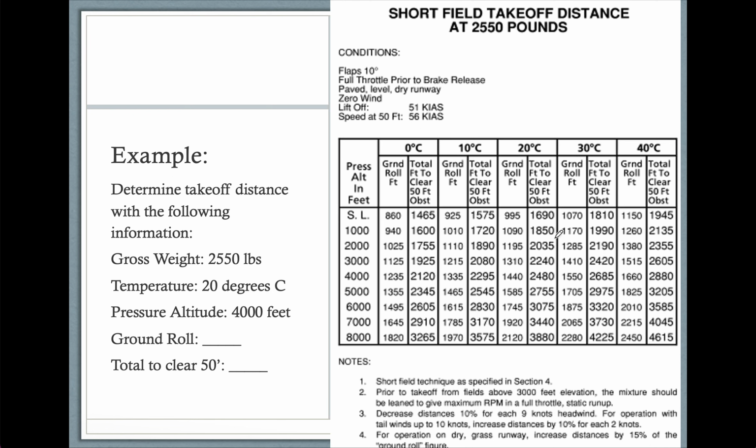So this chart, okay, you're going to have some quiz questions on this one. That's why I'm giving you an example here. It's saying that under this combination of altitude and temperature, in other words, the density altitude, but they don't give you just a density altitude. They're making it easy on you.